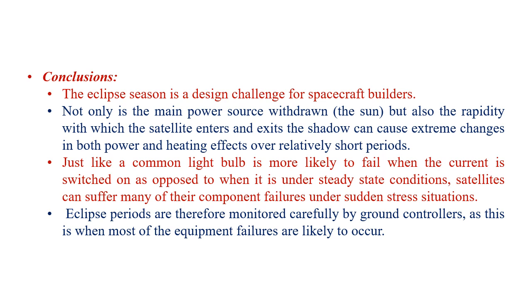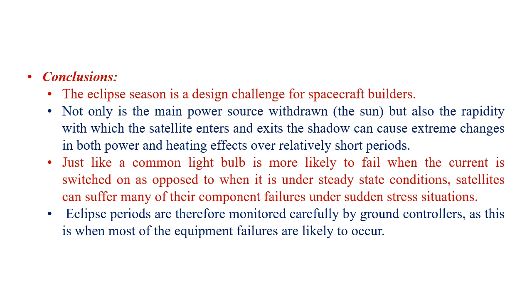Just like a common light bulb is more likely to fail when the current is switched on, as opposed to when it is under steady state conditions, satellites can suffer many component failures under sudden stress situations. Eclipse periods are therefore monitored carefully by ground controllers, as this is when most of the equipment failures are likely to occur, because as you know, the battery backup is not sufficient to operate all the components.